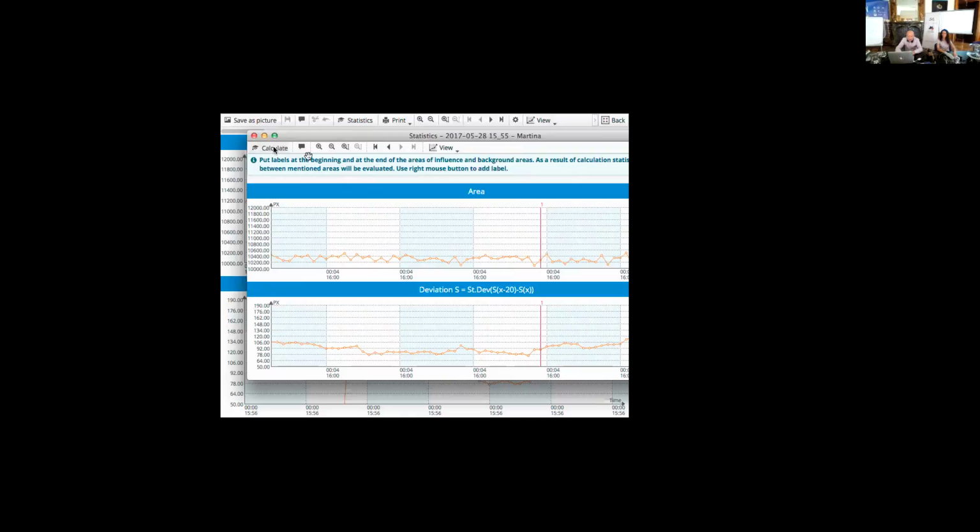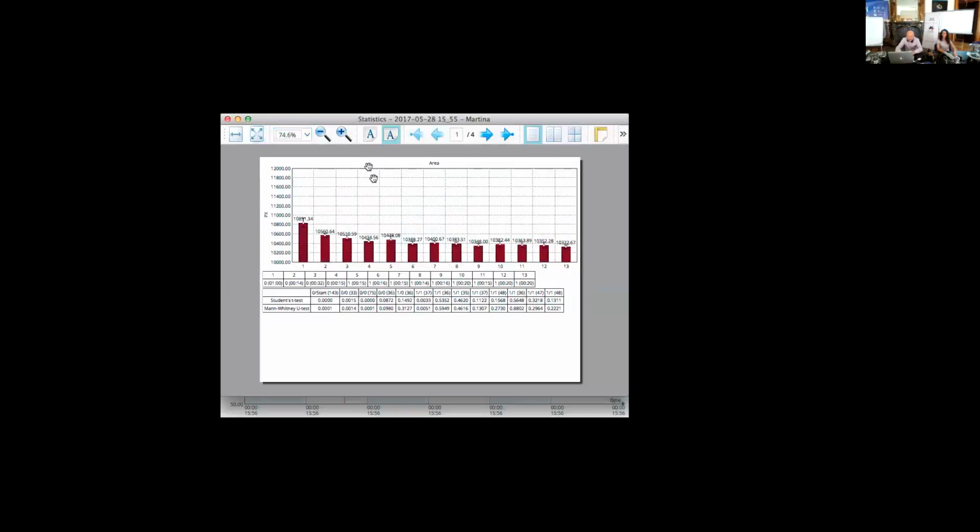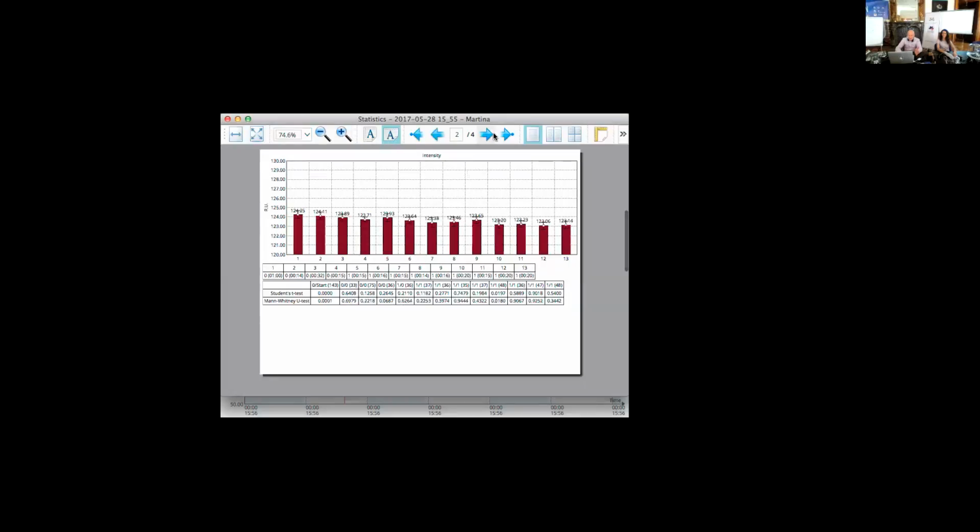Okay, so now we can calculate. We are comparing intervals with 0. So it's 1, 2, 3, 4, and then all other intervals. Here we see no effect at all, practically no effect. And on statistics, no effect. Let's go to intensity. Again, no effect.